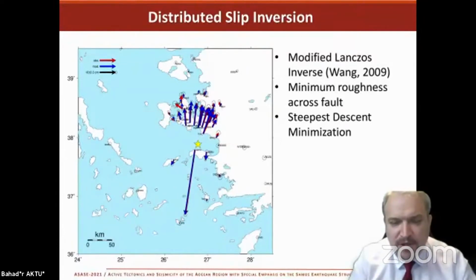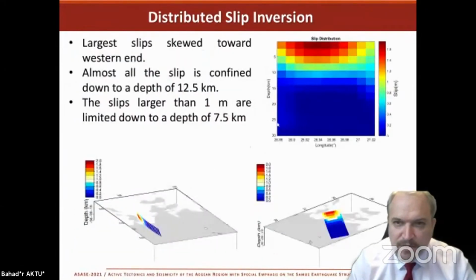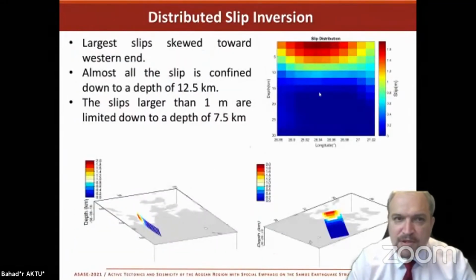This step is completely linear but ill-conditioned, as you know. So we constrained our model with some roughness constraint, and used the steepest descent minimization method to get the slip at each patch. These are the patches.